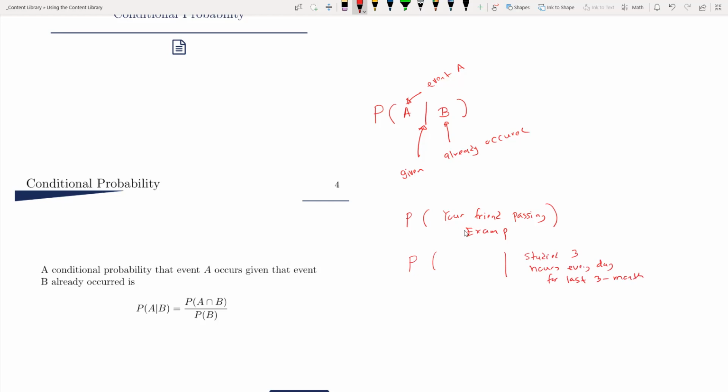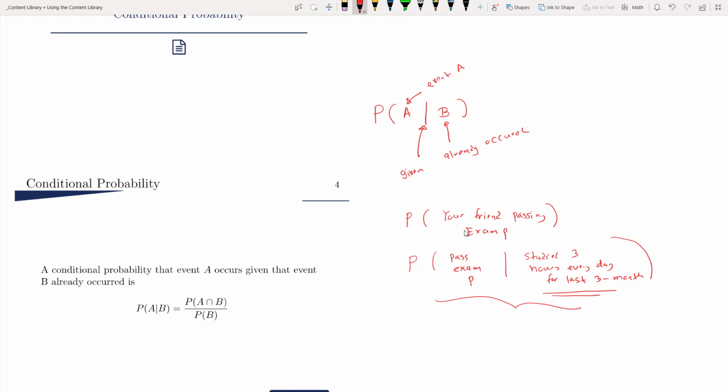Then you are calculating the probability of passing exam P again. These are going to be two different values because, of course, having this extra information is going to change the probability. So this is called conditional probability because it's conditioned on this given event.